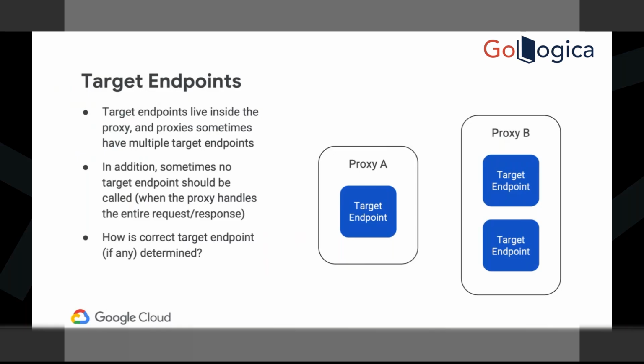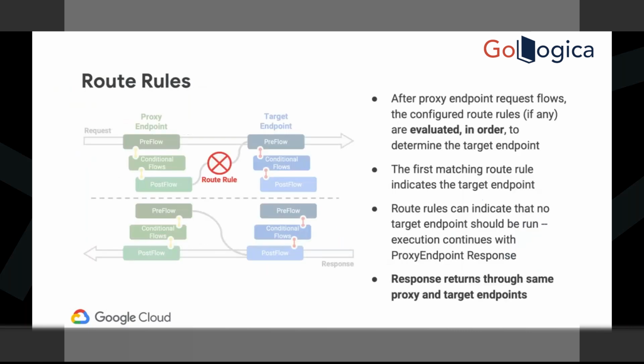Now the question is, in case of multiple targets, when you have one target, one to one, no problem. But in case of multiple targets, how will Apigee determine which target endpoint to select? That information is usually stored in a section called route rule. In the proxy endpoint, we have a section called route rule, and that defines where to route.